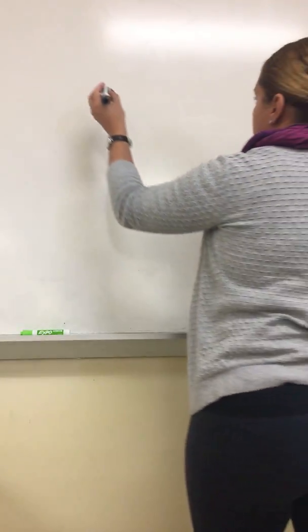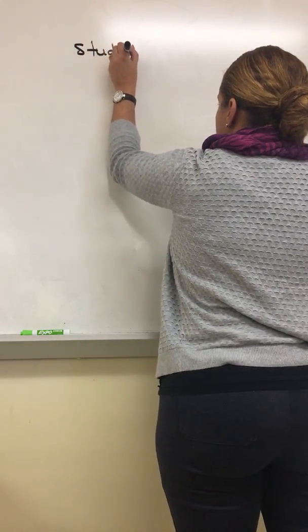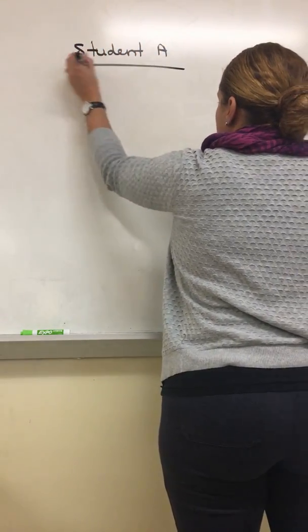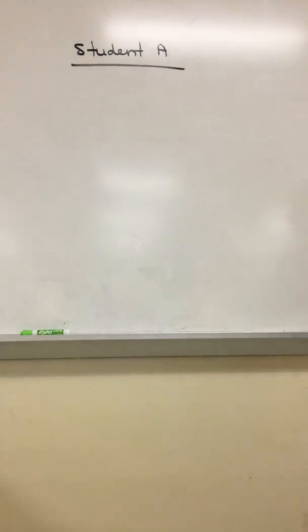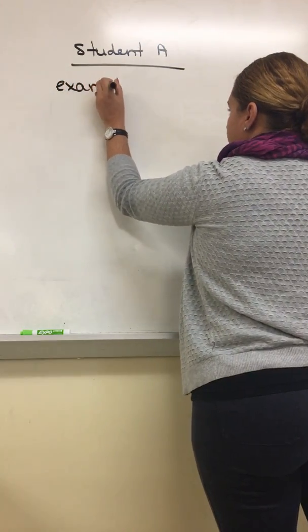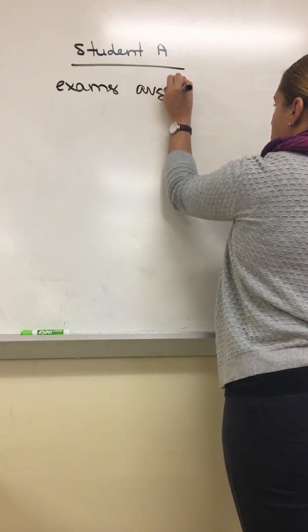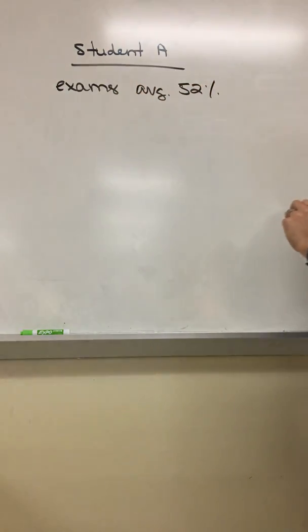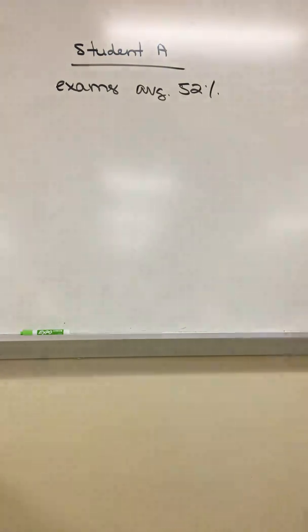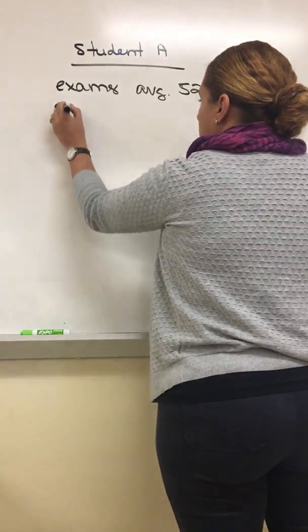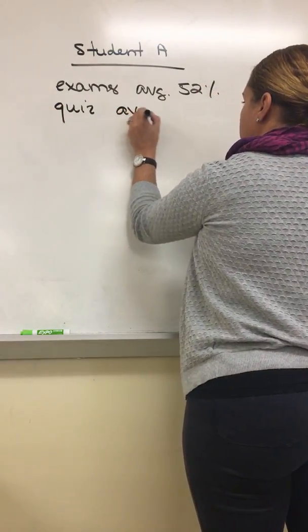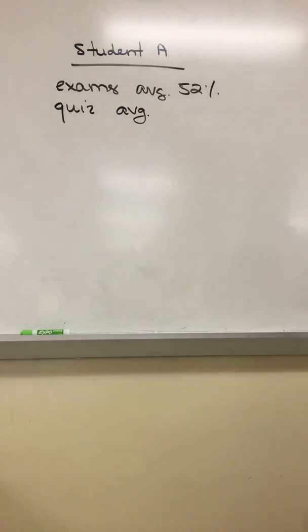We're going to go with this student, student A. Let's say the exams average out to 52%. That's their average for their exams. Let's say student A has a quiz average of, I don't know, let's make up a number, 79.